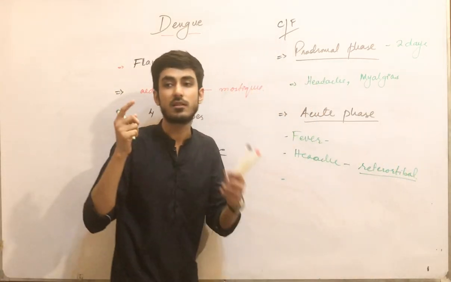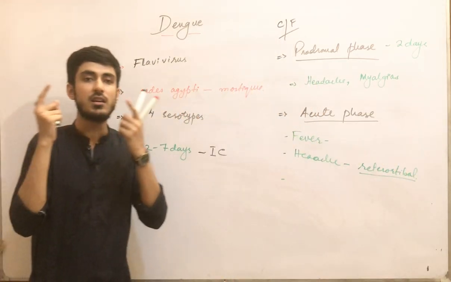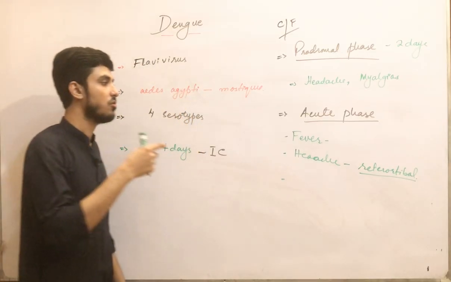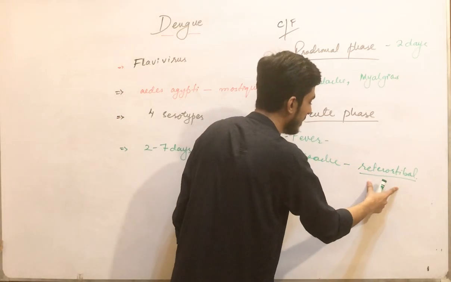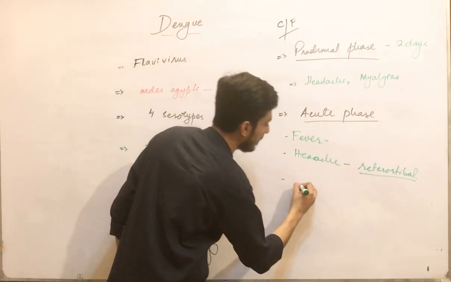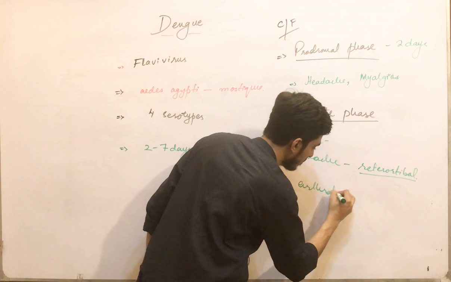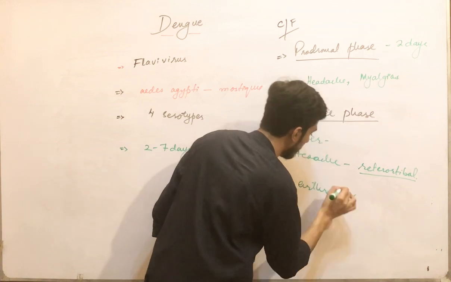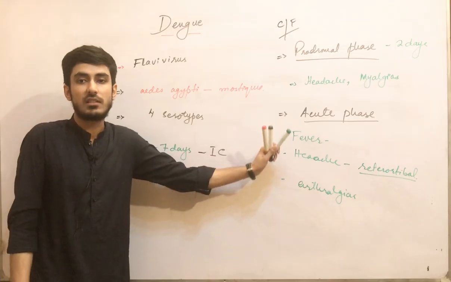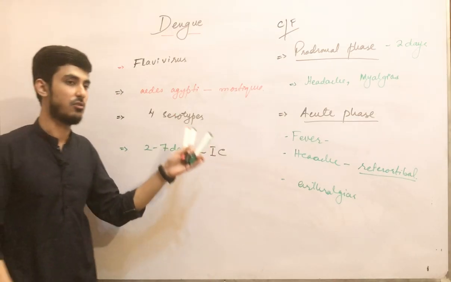The patient complains that whenever I move my eyes, I have pain in the retroorbital region. Other features are myalgias and arthralgias, meaning pain in the joints. So these are the basic features of dengue in the acute phase.